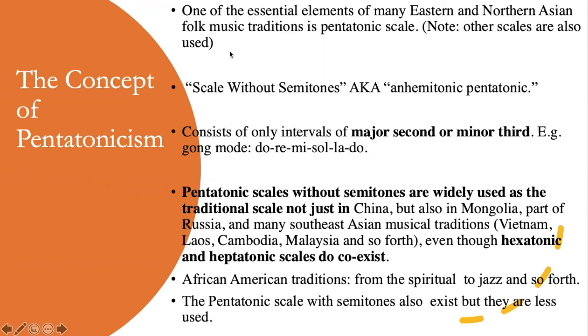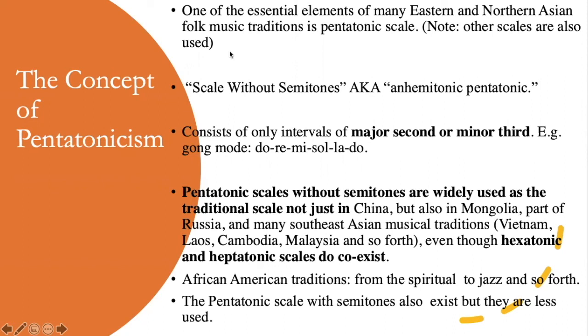We call a pentatonic scale without semitones anhemitonic pentatonic, because the scale consists of only intervals of major second and minor third. For example, the gong mode, the very first mode that I introduced today, has do, re, mi, so, la, do. We have do, re, mi.